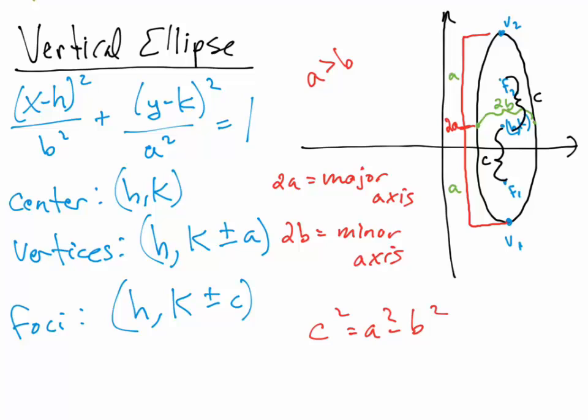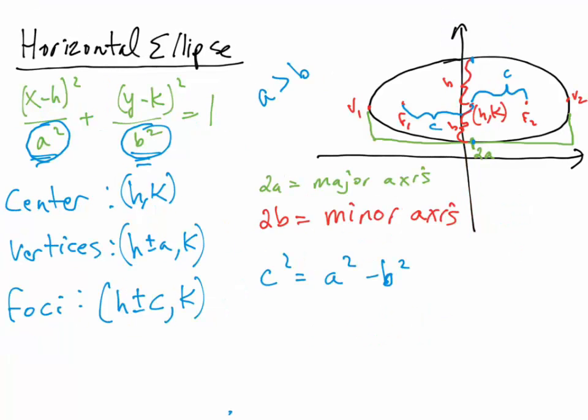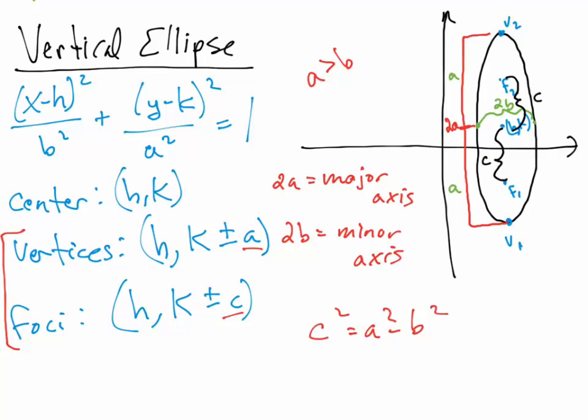So this might seem like a lot, remembering how the vertices and the foci work, but really, if we can remember what a and c represent, all we need to do is start at the center, and move along, in this case, the major axis, which is the y-coordinate. We're just changing the value on the y-coordinate. When we have a horizontal ellipse, all we're doing is changing the value on the x-coordinate. So you don't need to memorize all this if you can work through it intuitively.